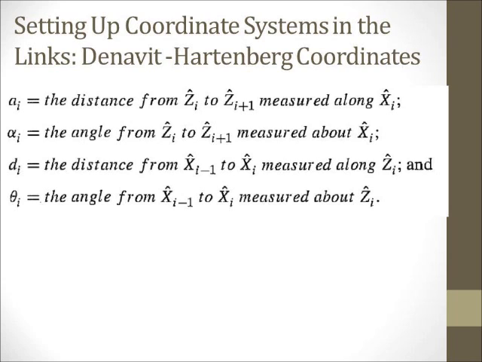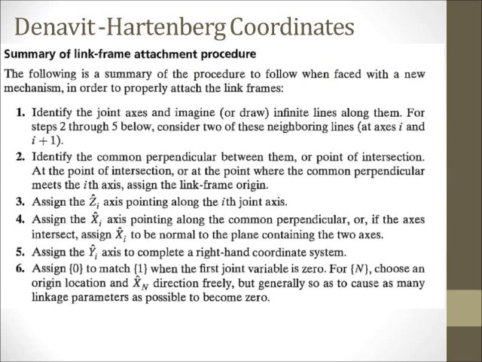The following is a summary of the link frame attachment procedure, to follow when faced with a new mechanism in order to properly attach the link frames. First, identify the joint axes and imagine or draw infinite lines along them. For steps 2 through 5 below, consider two of these neighboring lines at axes i and i plus 1.